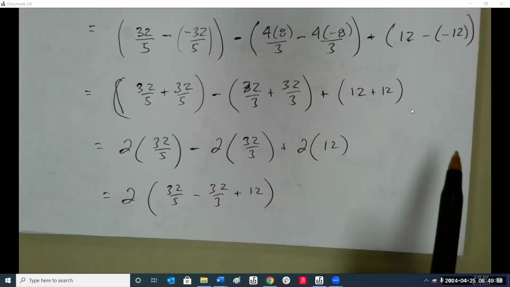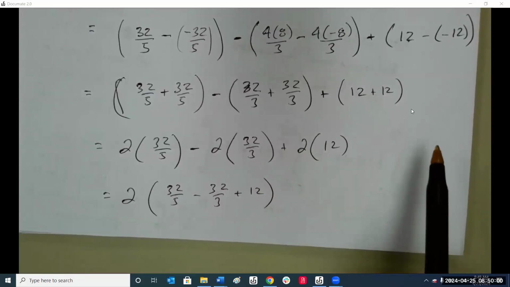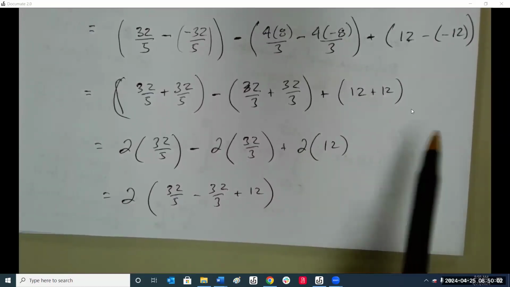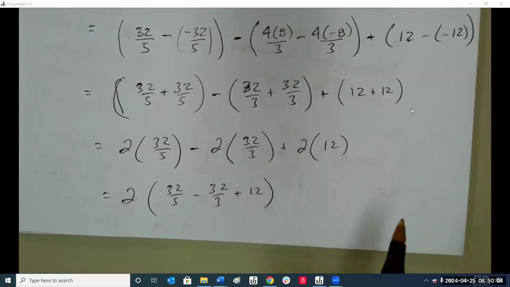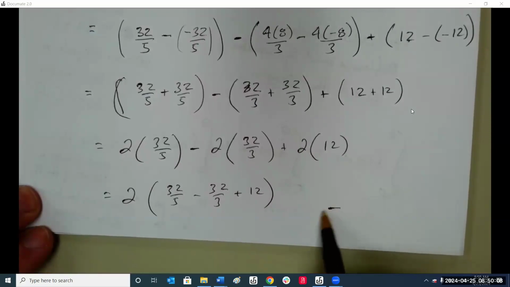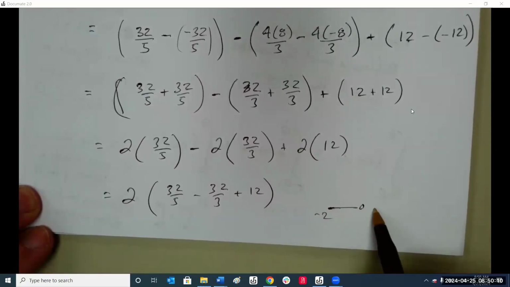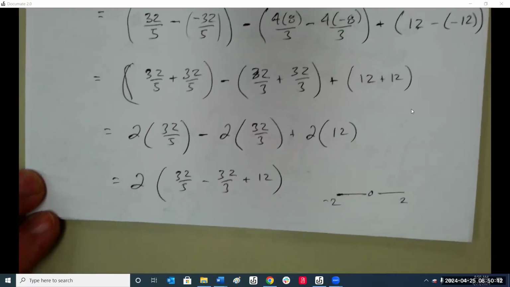So what we see here is we didn't have to go from -2 to 2. We could just have gone from 0 to 2 because it's doubled. From -2 to 0 will give us the same answer.